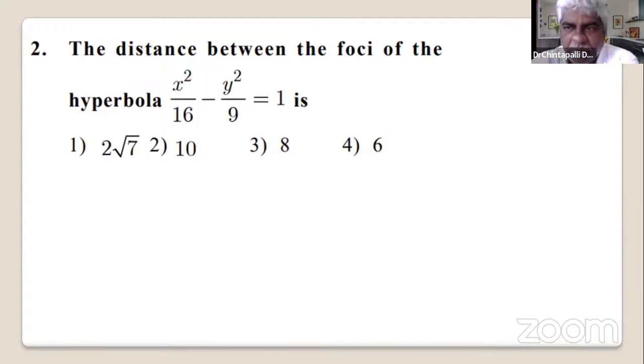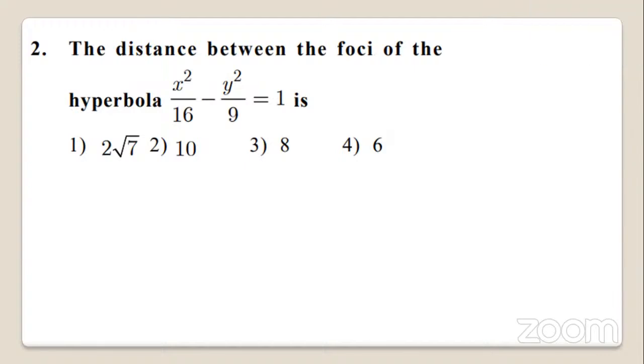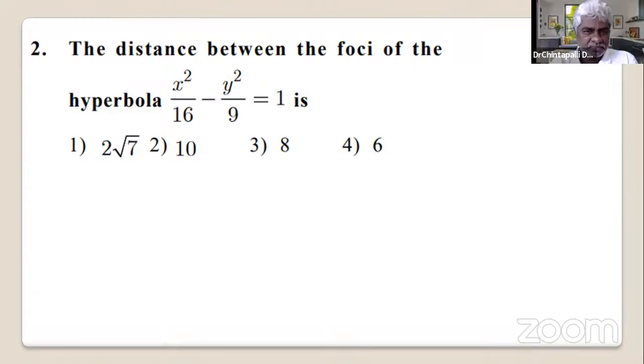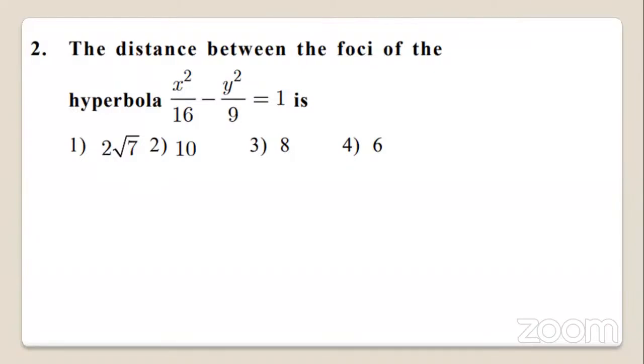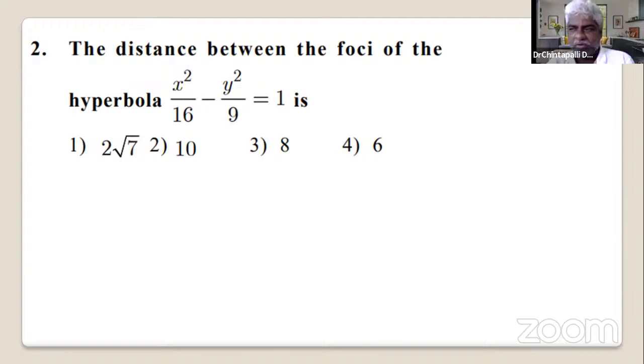Do you remember the formula for distance between foci? The foci are plus or minus AE, 0. The distance of one focus from the center is AE, and the distance of the other focus from the center is AE.